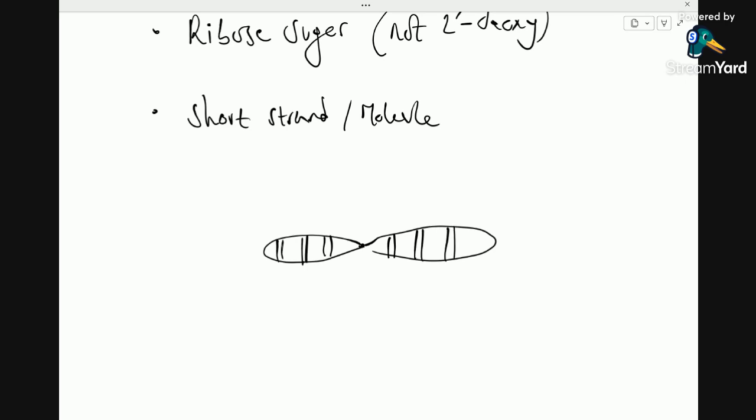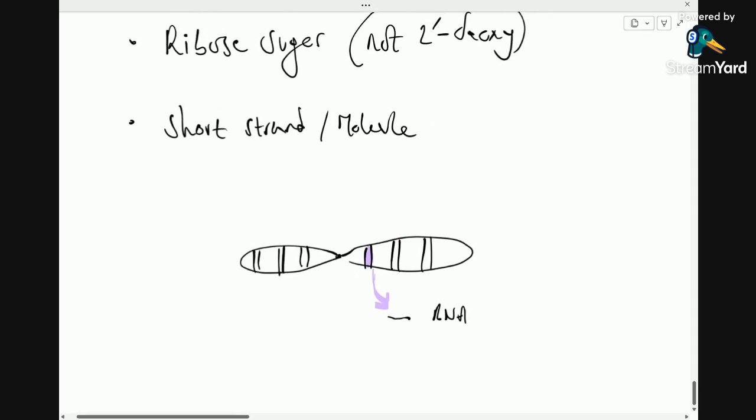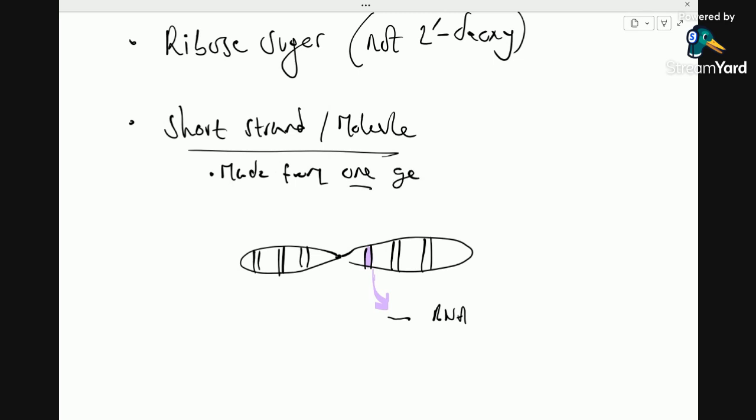Of course, RNA is made only from one gene, maybe this one, where we make just a copy of that particular gene in RNA. So it's a lot shorter because it's made from one gene, whereas DNA has many genes.